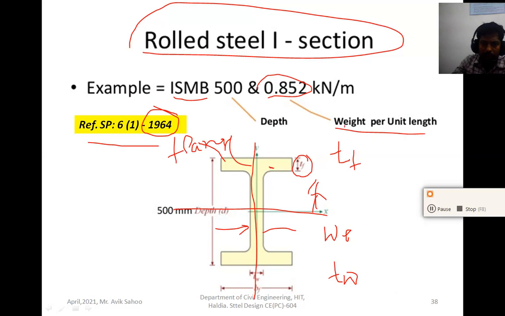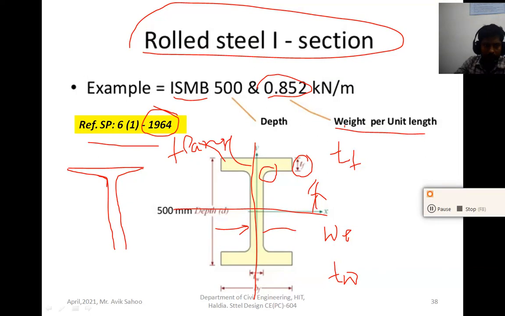Another important point I'd like to make: at the flange end the depth is minimum, whereas at the web the flange depth is maximum, and it varies parabolically, in a curve shape.